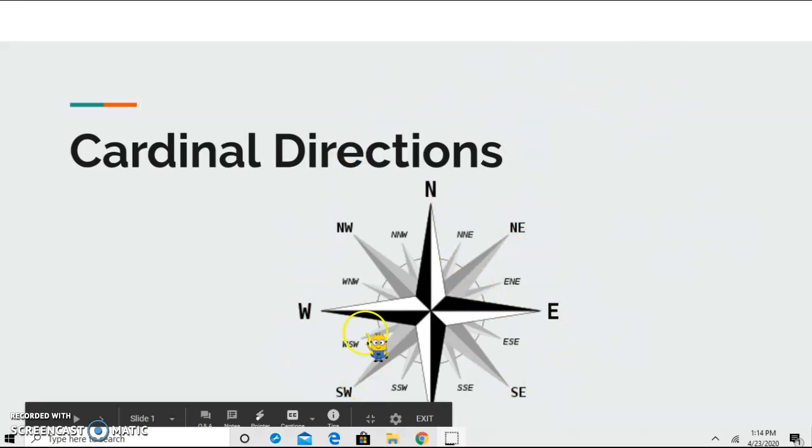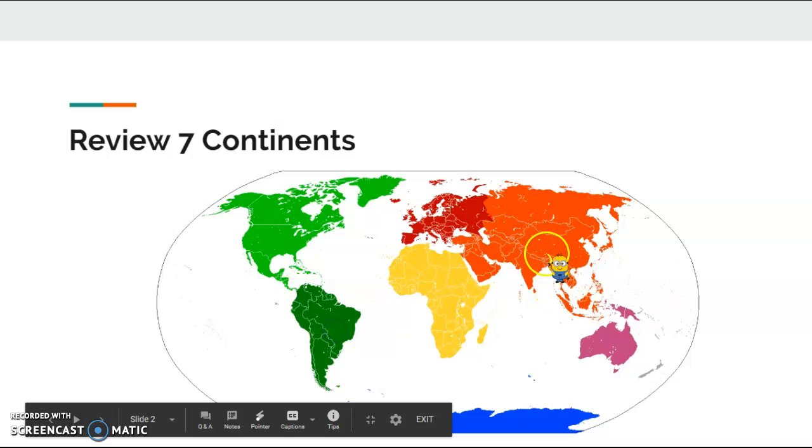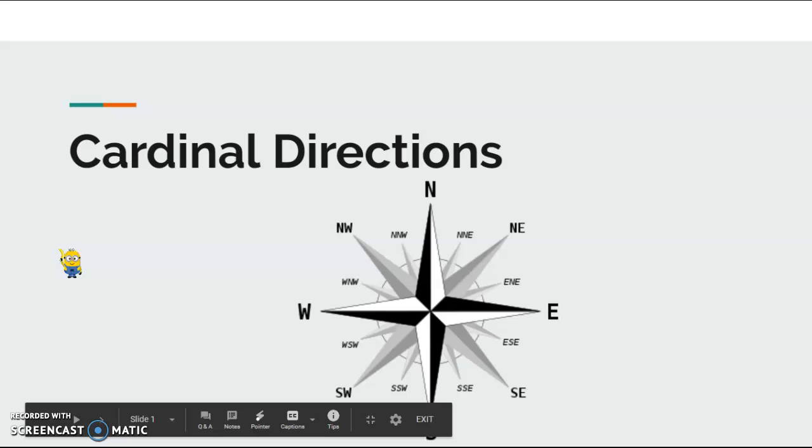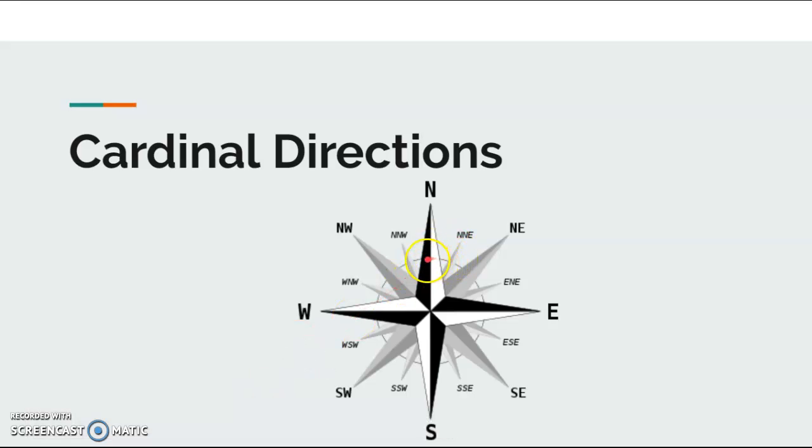So if you see here, this is a compass rose. Okay, whoops. Let me go back. All right. This is a compass rose, and this compass rose has various directions. So if you see here, we have north.